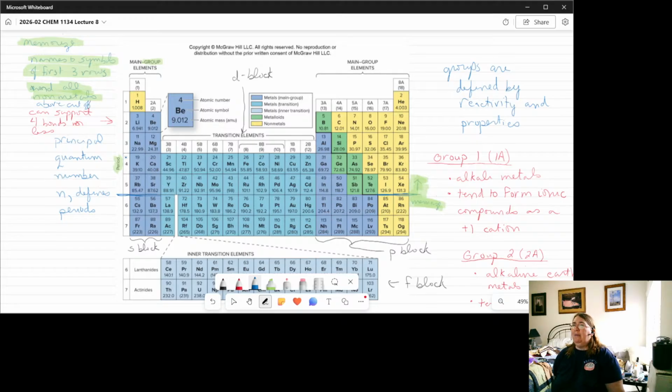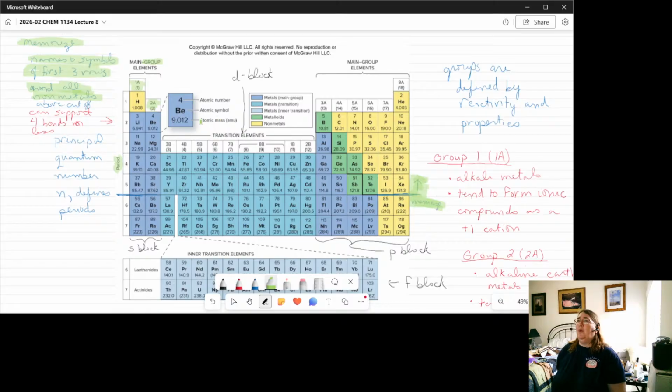And also above the cutoff, group 1A, group 2A, and then just a handful in the transition metals.